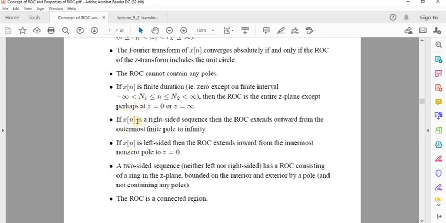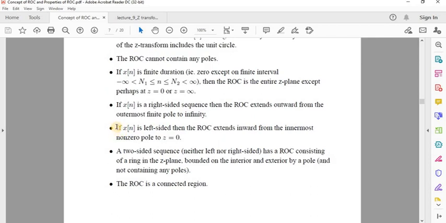So if x of n is a right-handed sequence, then the ROC extends outward from the outermost finite pole to infinity. Already we have seen that if our sequence is right-handed, then the ROC is outward from the pole to infinity.